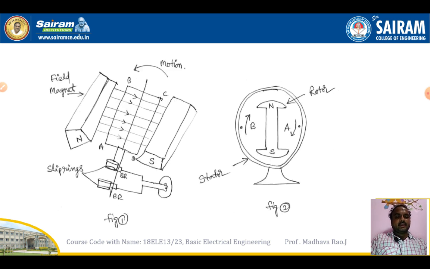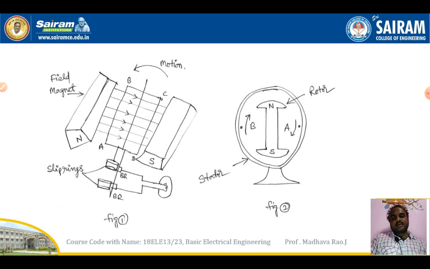Coming to the two cases here. In the first figure, the magnetic field is constant and the coil is moving. In the second case, the magnetic field is rotating and the coil is stationary.